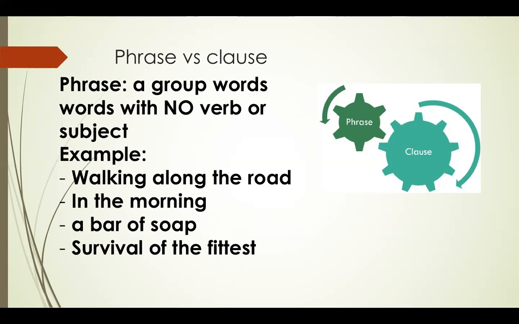So, a phrase, which can be translated into ibara in Arabic, is a group of words with no verb. So that's the basic thing, a group of verbless words. The fact that this group of words does not have a verb makes it a phrase.